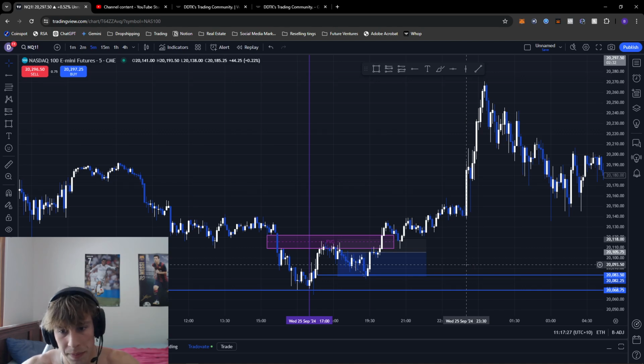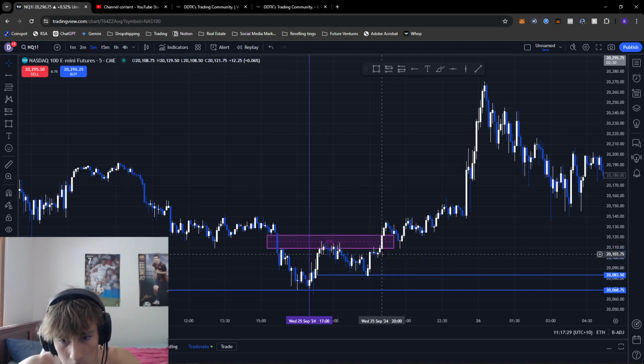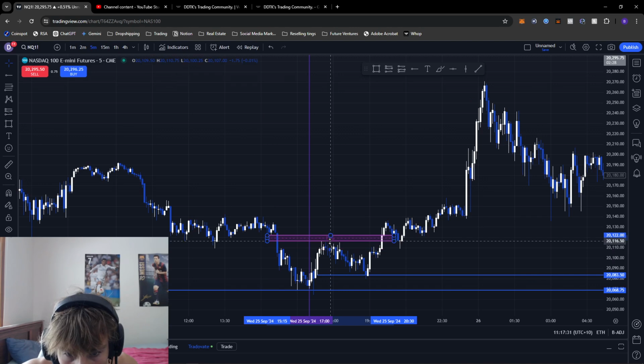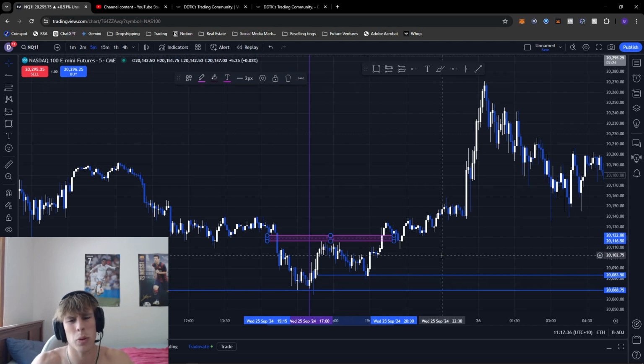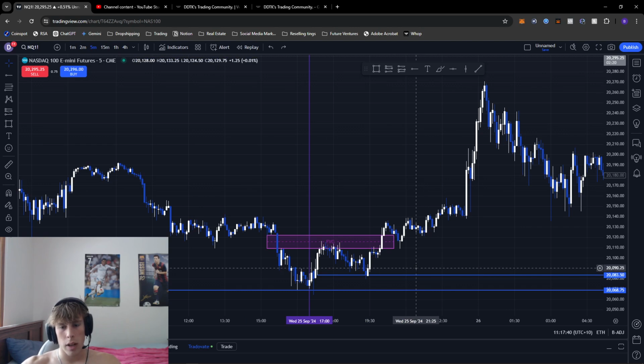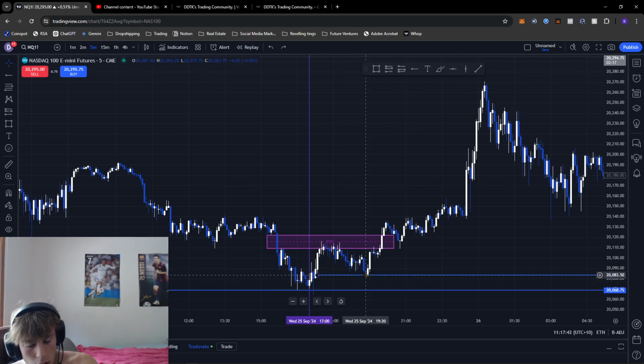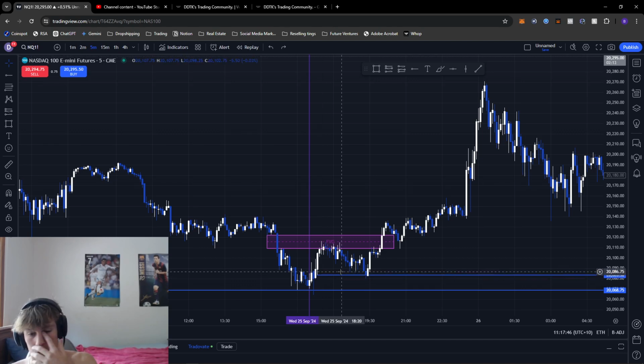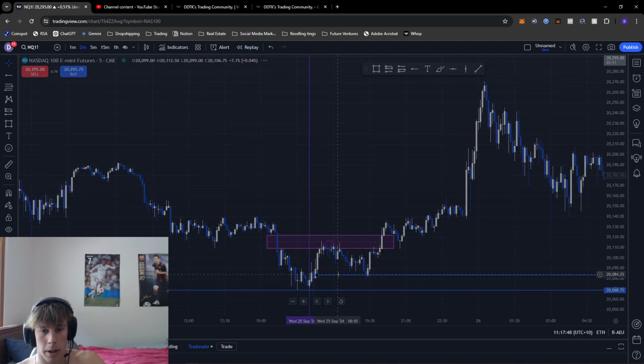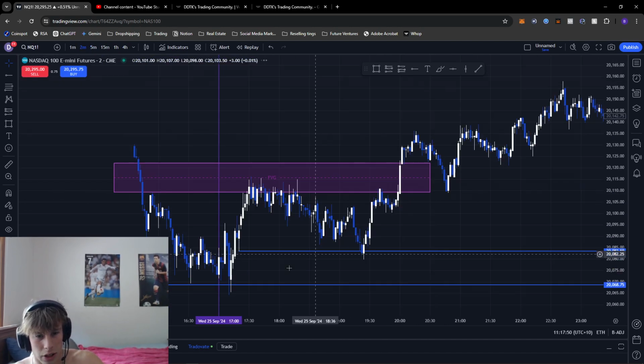So that happens, and then there's just the top half of the fair value gap left, pretty much. Price taps this tiny liquidity here. I don't even count that as liquidity. That's just a take profit point because it's a tiny turn.